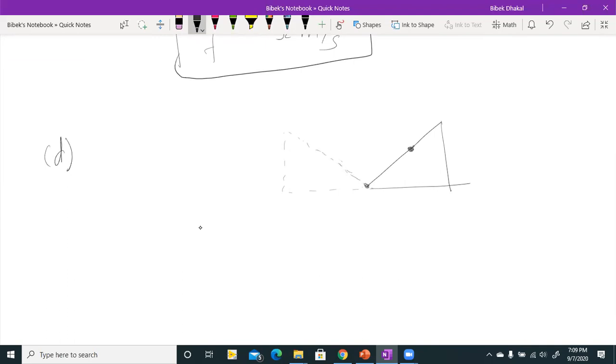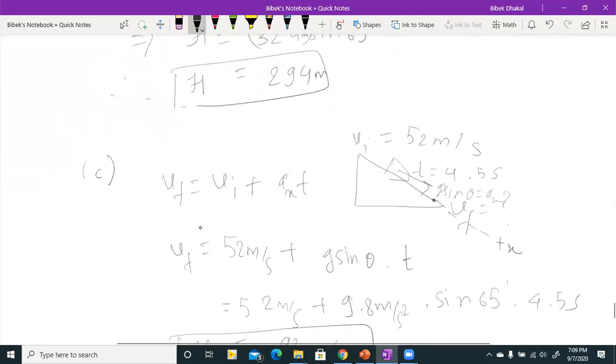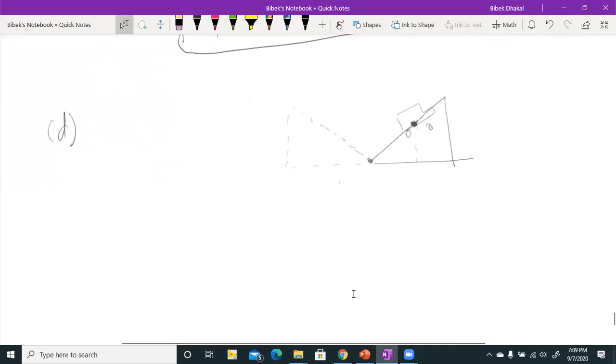So let's suppose that the car reaches a maximum height and stops at this height, and the initial velocity at that place was 52 meters per second, right? Now we have the final velocity as 92 meters per second.